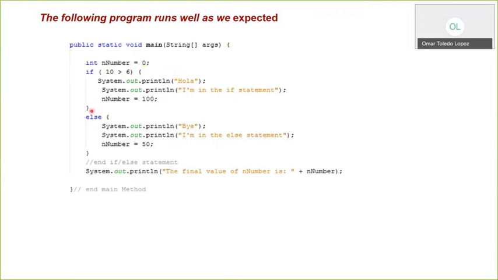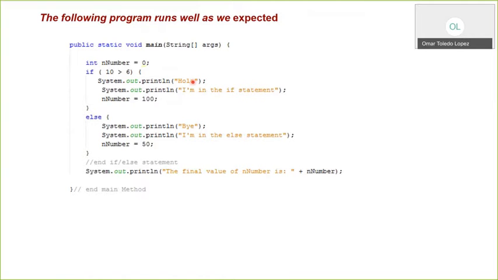Remember the curly braces? If the expression here is true, we're going to get inside the if. And inside the if, we have a block. So we're going to execute all the code inside this block, inside the curly braces. So what happened? System.out.println "Hola."